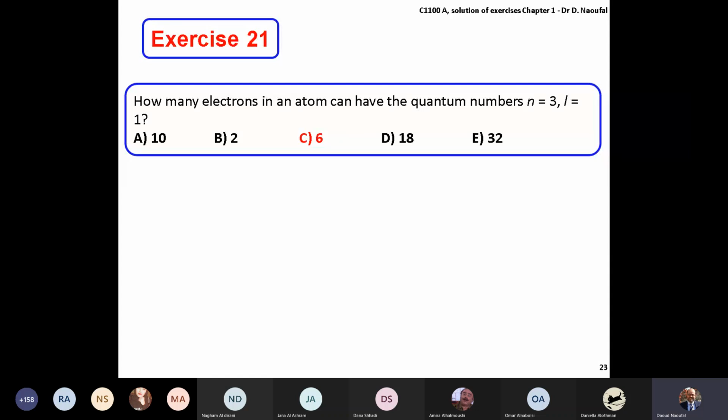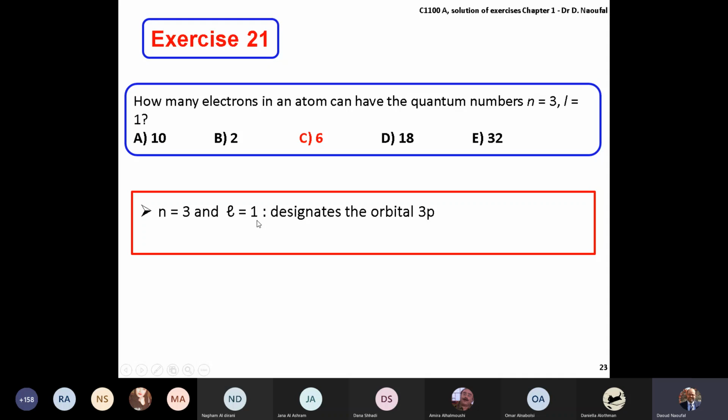Exercise 21. How many electrons in an atom can have the quantum numbers n equal 3, L equal 1? What is the meaning of n equal 3 and L equal 1? This is the orbital 3p. How many electrons can we have in 3p? 3p is 3 rooms.